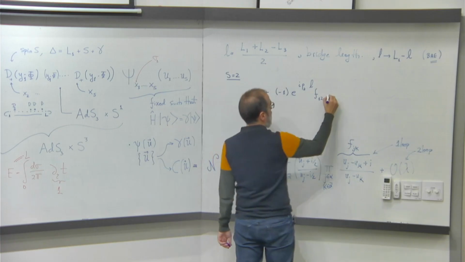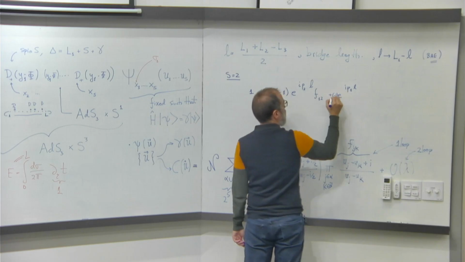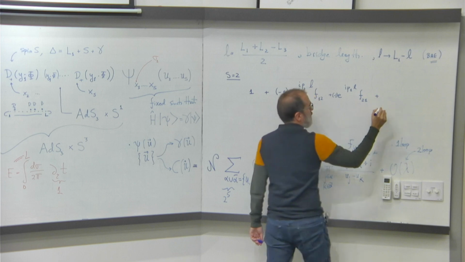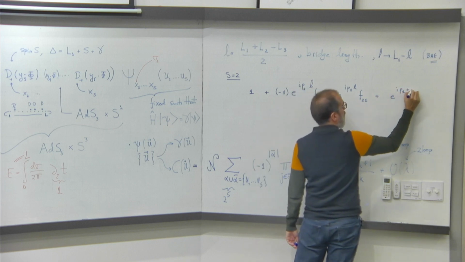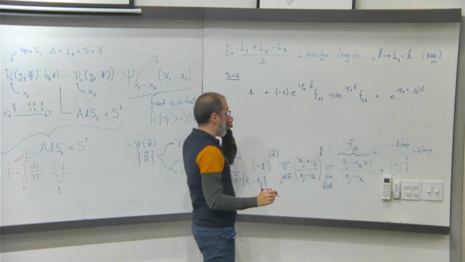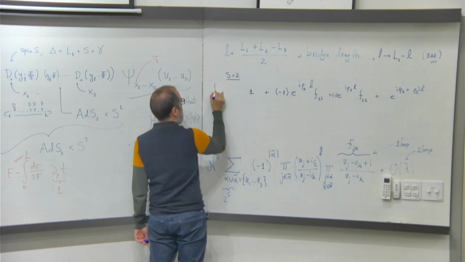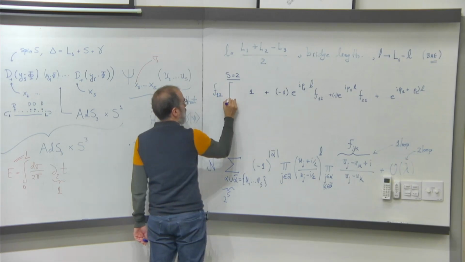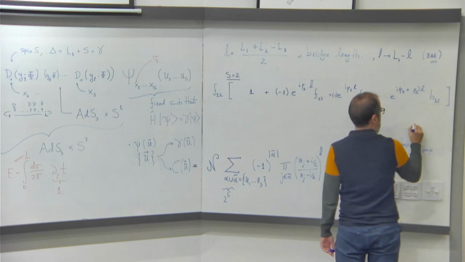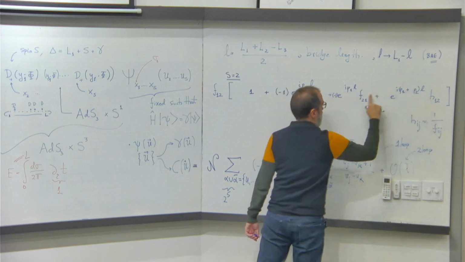Then there is a term which is plus e to the i p1 times L, also with a minus 1, times f21, plus e to the i p1 plus i p2 times L. Now let me further factor out f12 in front, and here I define h_ij to be 1 over f_ij.